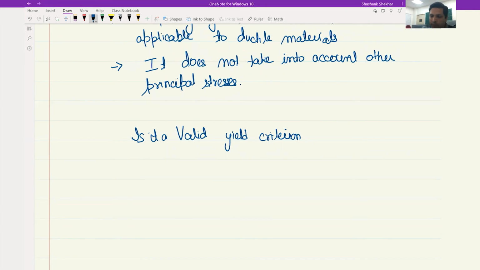So let's say you are given a stress state like this. The material has a yield strength equal to 120 megapascal.